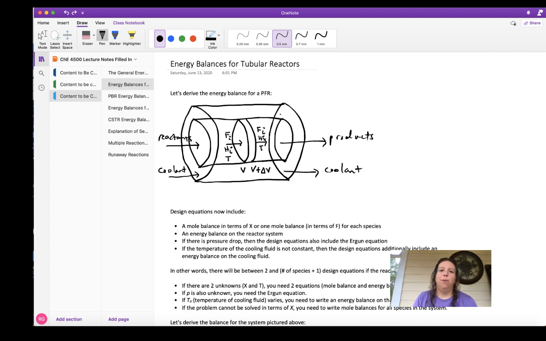So when I'm giving an initial condition, what I'm essentially saying is, what is this temperature? I don't know that. I would have to solve the balance to know that. So what I do is I specify this value, and then I see, does that result in a temperature here that is the specified inlet temperature?